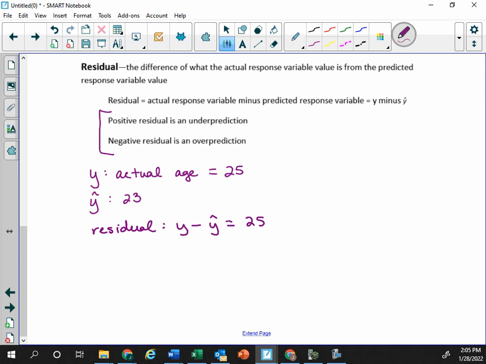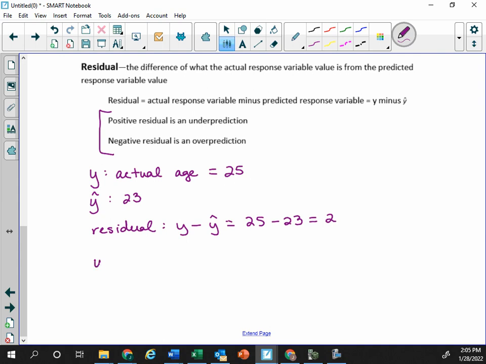So that'd be 25 minus 23. My residual is 2. Does that make sense how a positive residual was an under prediction? The 23 was, yeah. I think without those numbers, it's like, why does that work?